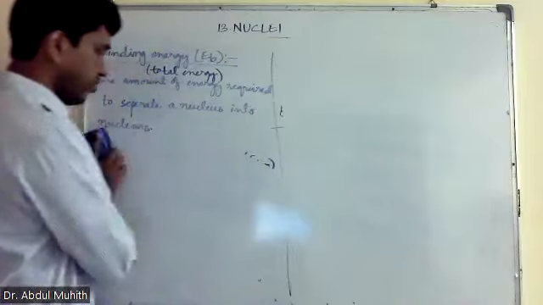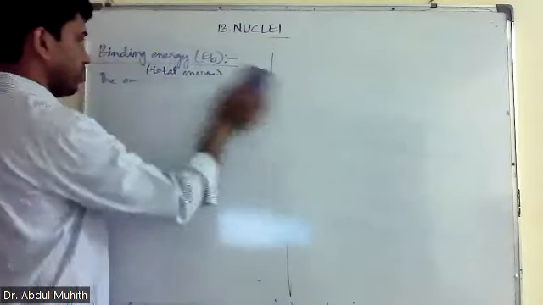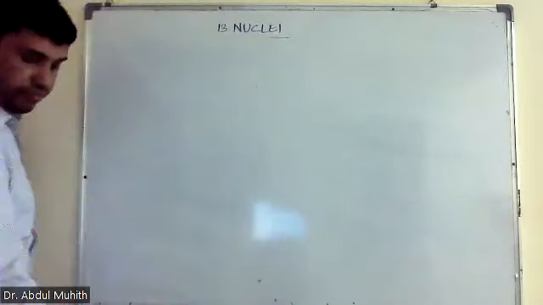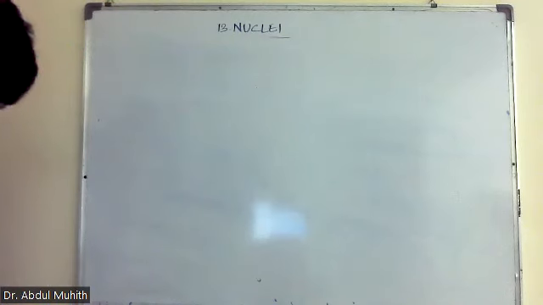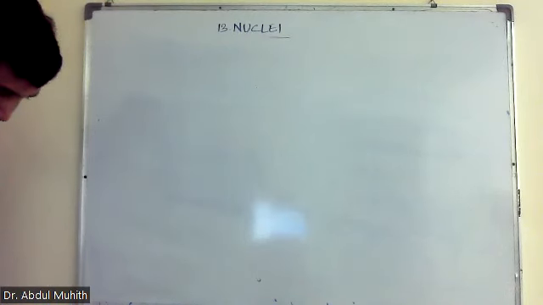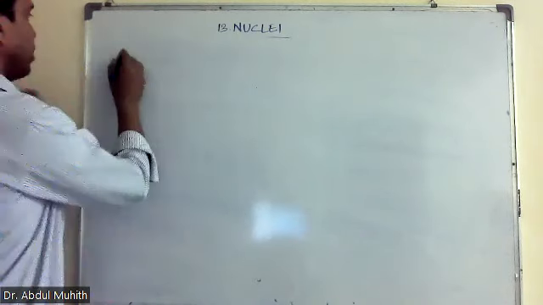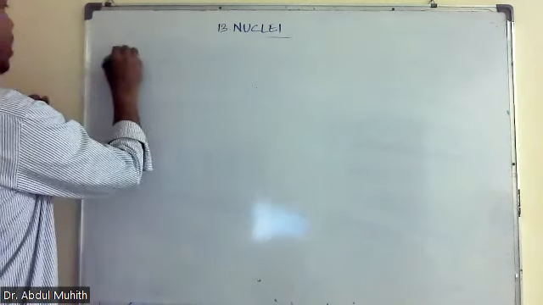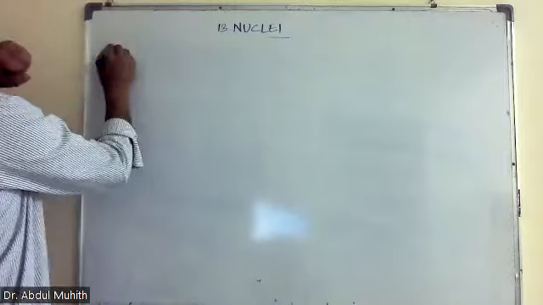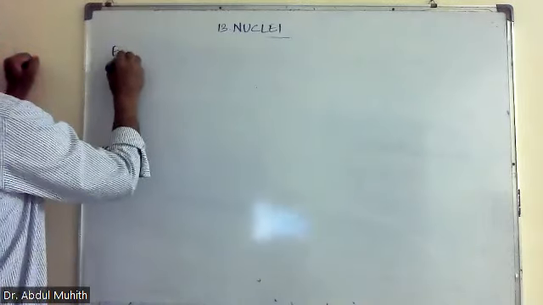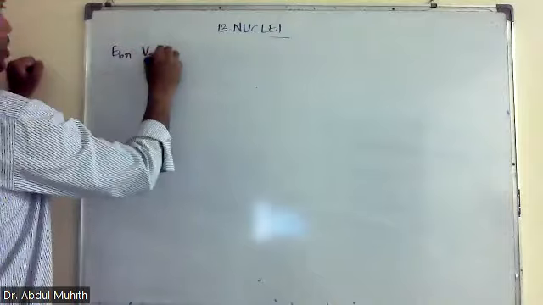Now I'll go over one of the important graph-related questions. This is binding energy per nucleon as a function of atomic mass, binding energy per nucleon versus atomic mass.